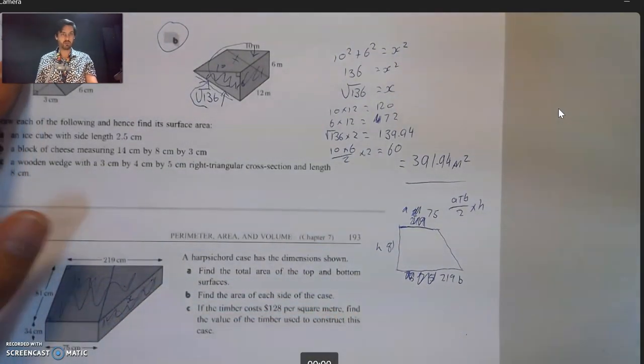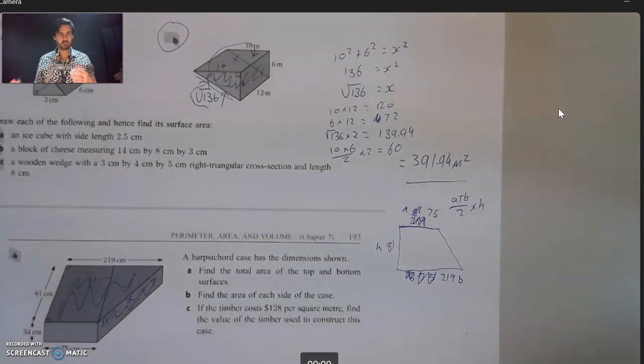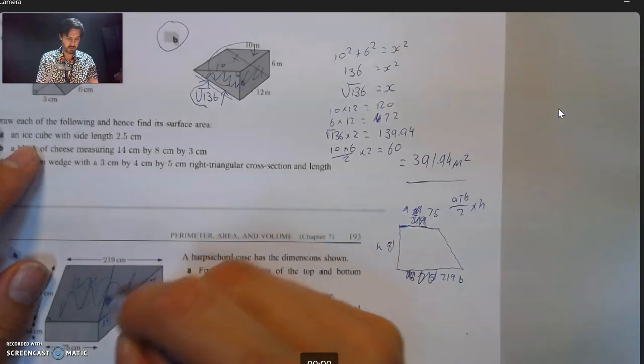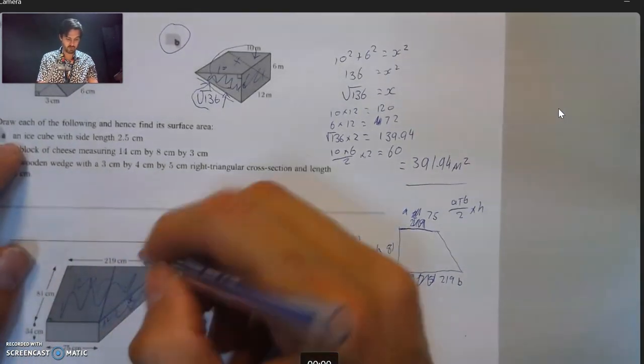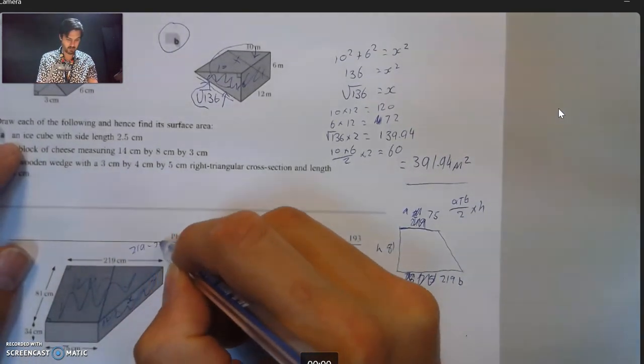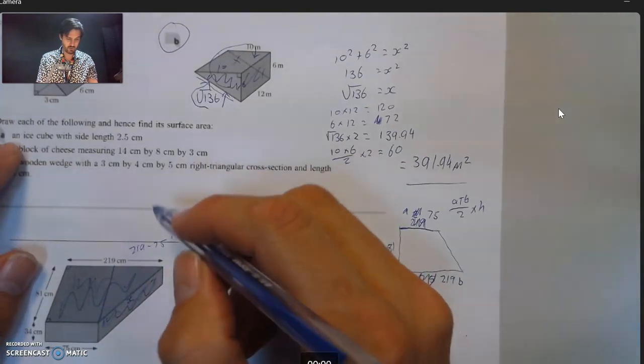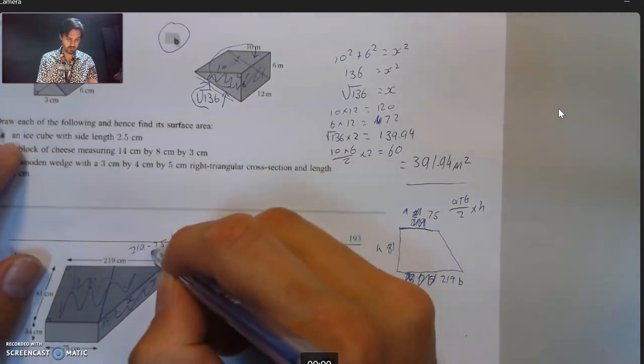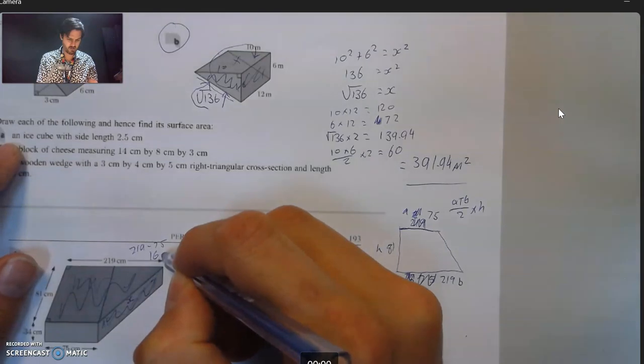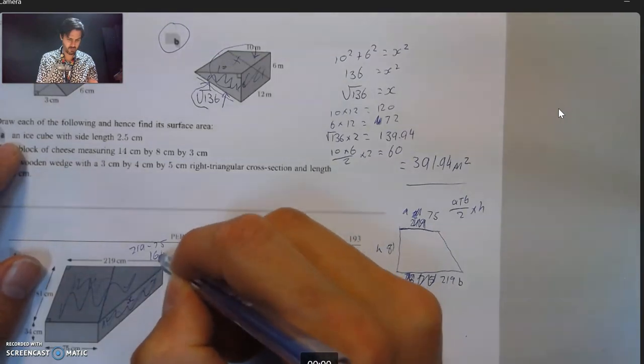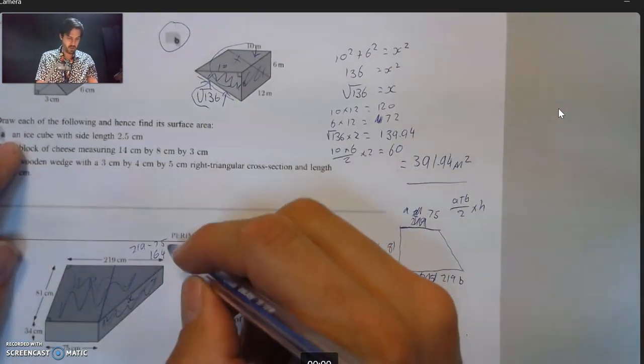How do we do that? I'll give you one guess. 3, 2, 1, Pythagoras. So we're going to use a bit of problem solving. We're going to do 219 take 75, which is, I think, 164. It's about that anyway.